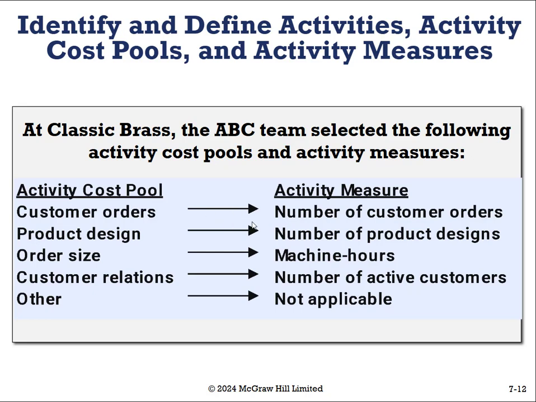The more products we design, the higher the costs in the cost pool for the product design. Same, but different. The amount of customer orders is going to drive the amount of customer costs in that pool. Okay. Order size, machine hours, customer relations, number of active customers, and then we're going to have another bucket that does not have an activity measure.